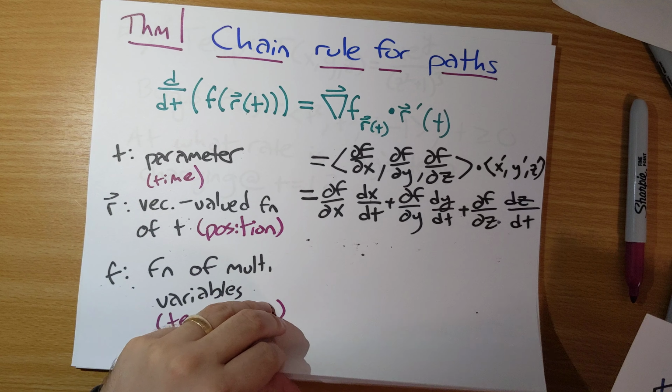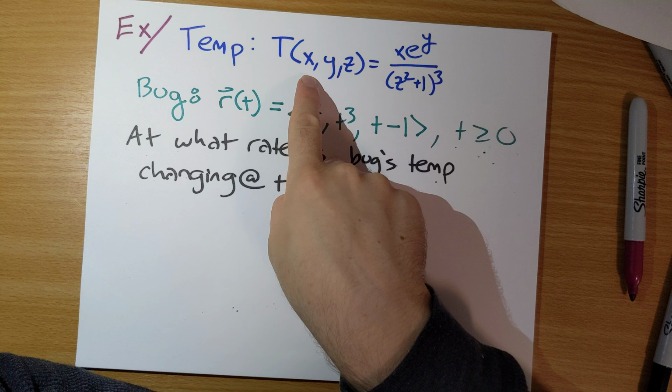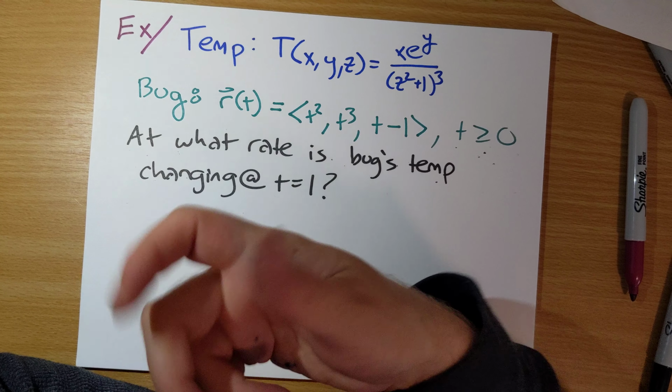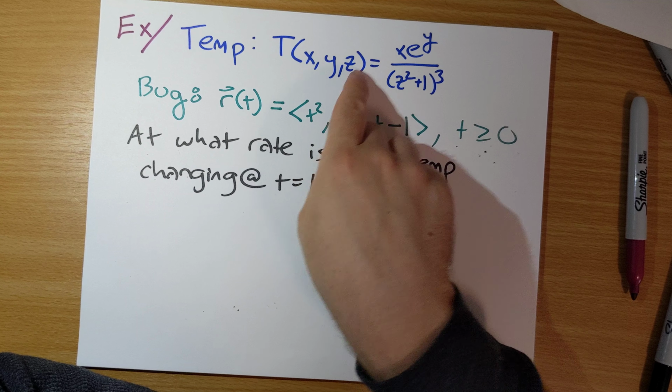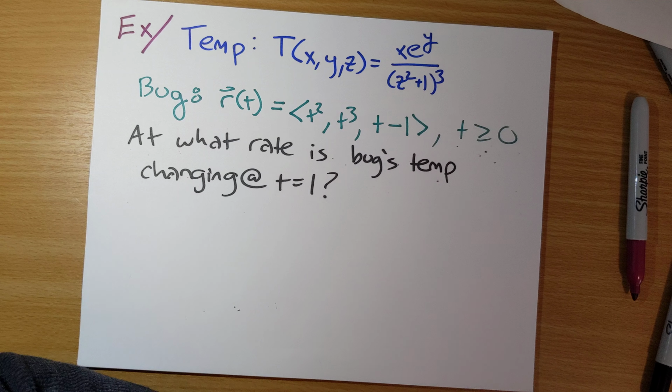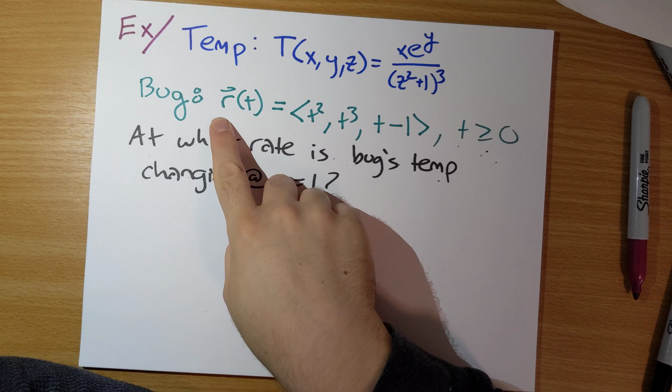And so here is the specific example we're going to do. Temperature is a function of 3 variables. We're thinking that inside this room, the temperature at point x, y, and z is given by x e to the y over (z cubed plus 1), all of that cubed. And then we have a bug.